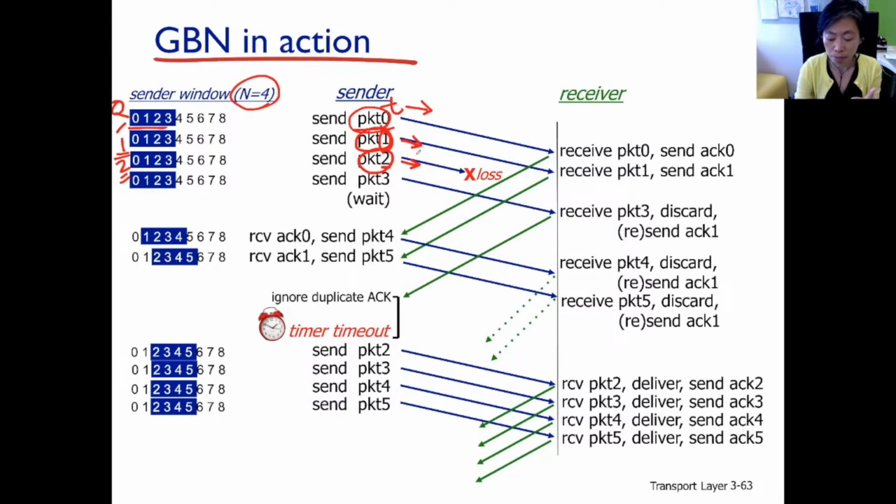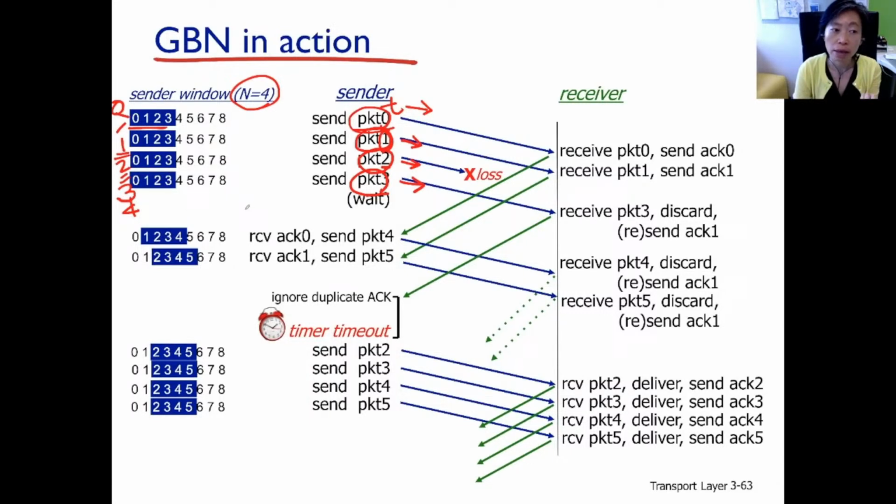Increment the sequence number to 3. Right? Is 3 less than 0 plus 4? Yes. Generate packet 3, send it out, not start the timer because the next sequence number is 3 and base is still 0. Right? And we increment the sequence number to 4.